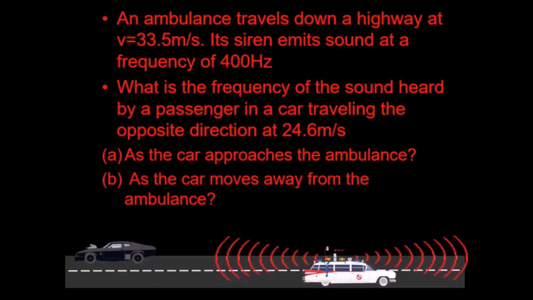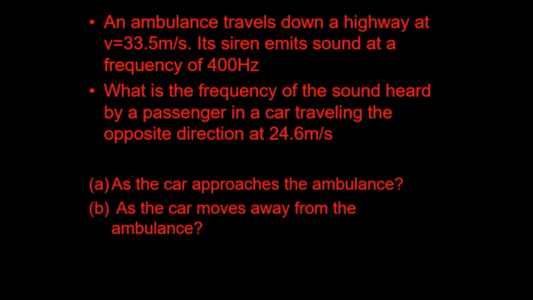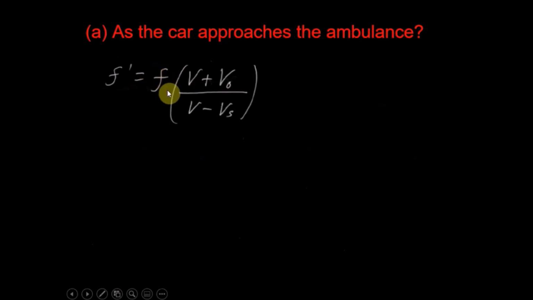We have the frequency of the sound wave, and we want to know what's the frequency of the sound heard as the car approaches the ambulance and as the car moves away from it. So as the car moves towards the ambulance, we're going to say that f prime, the frequency of sound heard, is going to equal the original frequency of 400 Hertz times v plus v0 over v minus vs. We have these velocities we can substitute in.